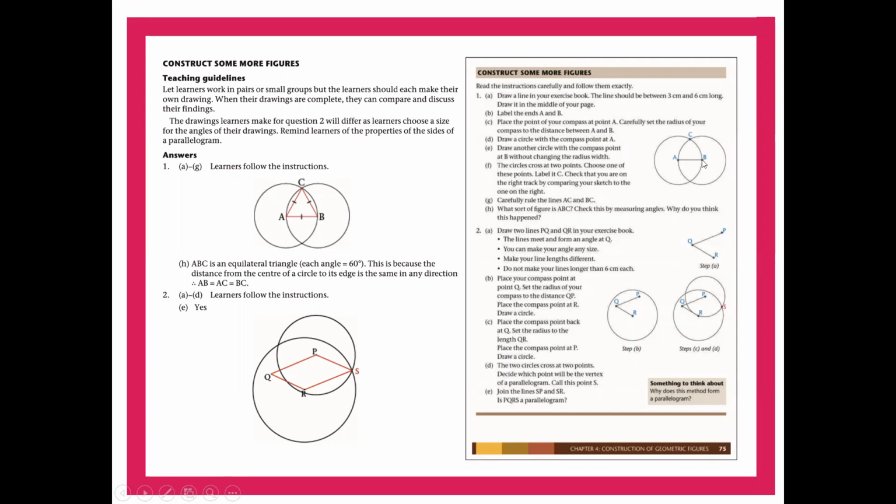And then it asks what type of figure is it? It is an equilateral triangle, and they want to know why it is so. That's because the distance from A to B is the same as A to C, because that's the radius of the circle, and the distance from A to B and B to C is identical because that's the radius of that circle, and both circles are identical, meaning that their radii will be the same.